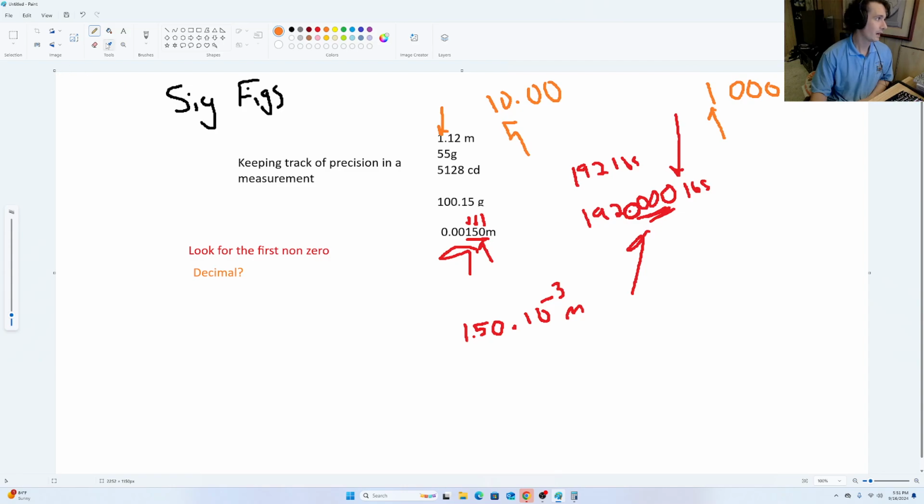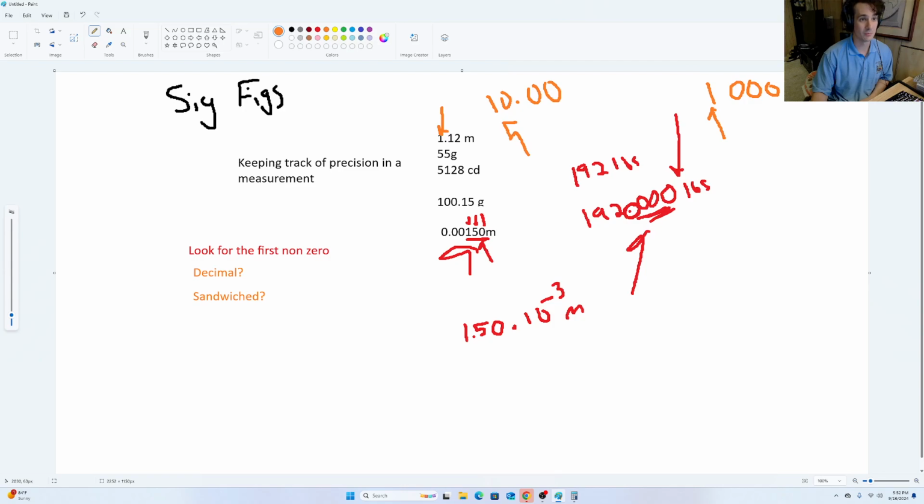You could also then say for your rules, sandwiched, which is a fancy way of saying, are the zeros sandwiched between non-zeros? So like this is 1 sig fig, right? 1,000.